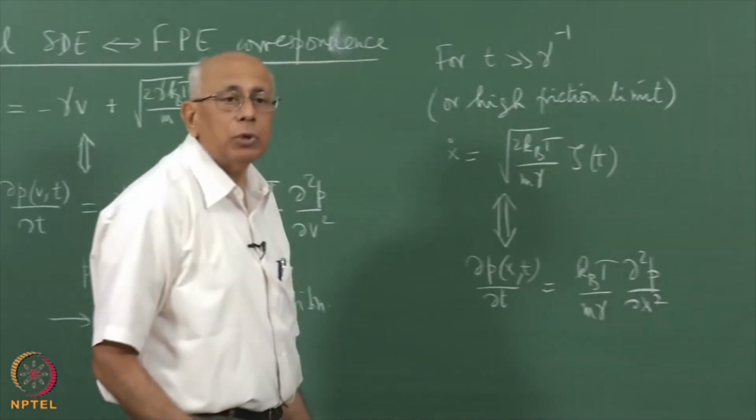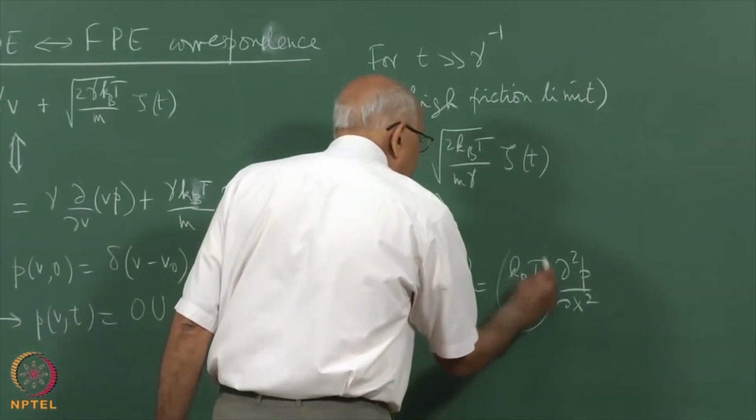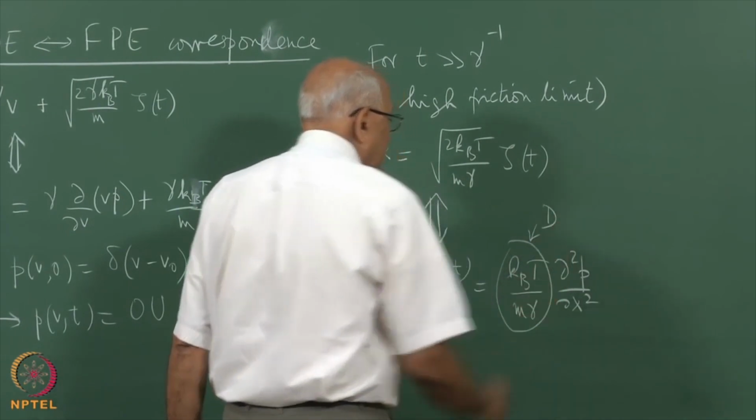This was the ordinary diffusion equation, because this quantity was the diffusion coefficient.